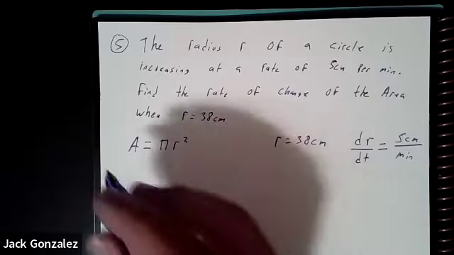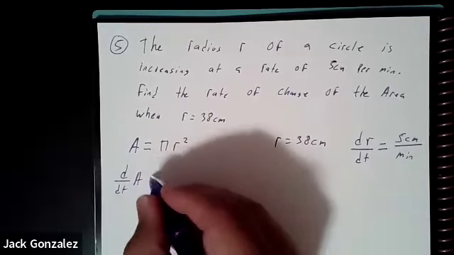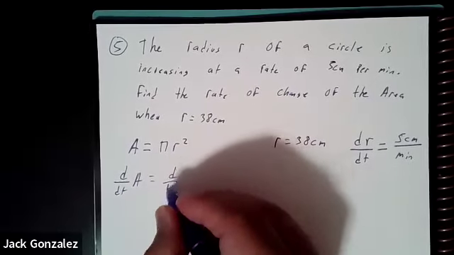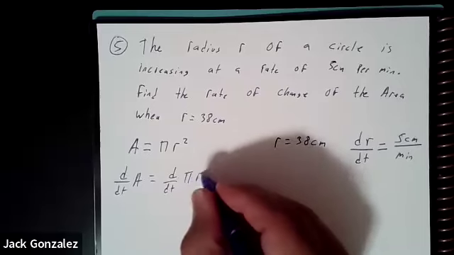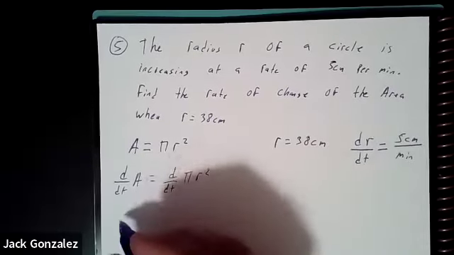Okay, so here we go. Derivative of both sides with respect to time. This will be 1 times dA dt.